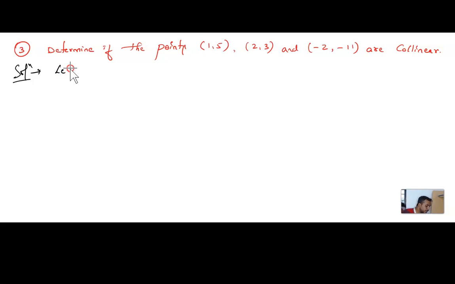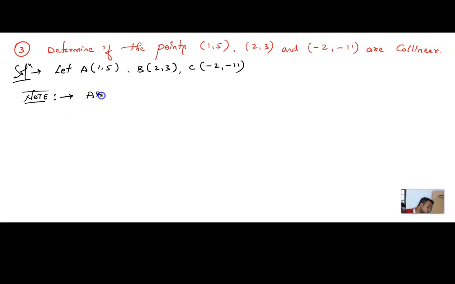So first let me take these points as A, B, C. Let point A be (1, 5), B be (2, 3) and C be (-2, -11). Now first let me find the distance between AB, then BC, then CA. But one important note: how do we check whether these given 3 points are collinear or not?